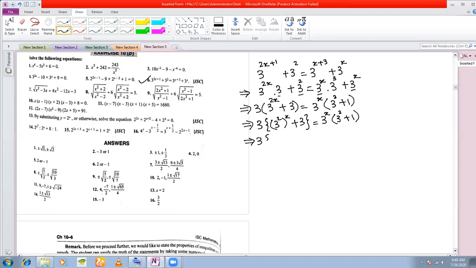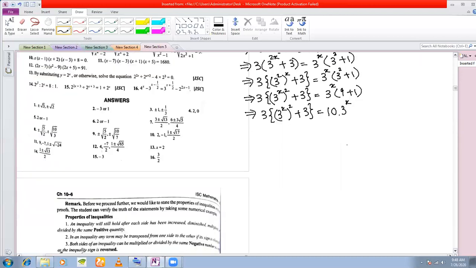Now you see that 3 square to the power of x can also be written as 3 to the power of x, whole square, plus 3 is equal to 3 to the power of x into 9 plus 1, which is 10. Now see what you are getting. You are getting a power of 3 to the power of x, which is 2, and you are getting a 3 to the power of x here.